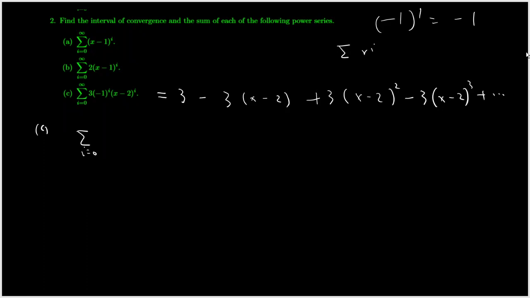I from 0 to infinity. You have 3 here. If you combine the negative sign and x minus 2, and choose the whole thing to the power of I, that's valid. That series is the same thing as the given series.